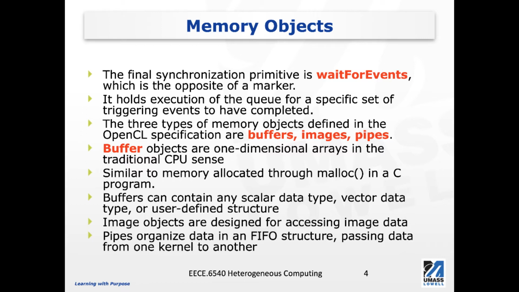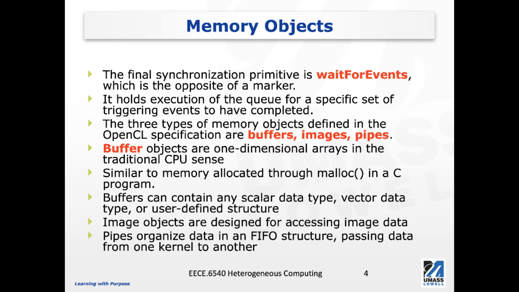These events are in the queues for a device, and these devices will take different memory operations, put them into the queue, and perform the corresponding operations. And the memory objects hold the execution of queues for a specific set of triggering events that have completed.